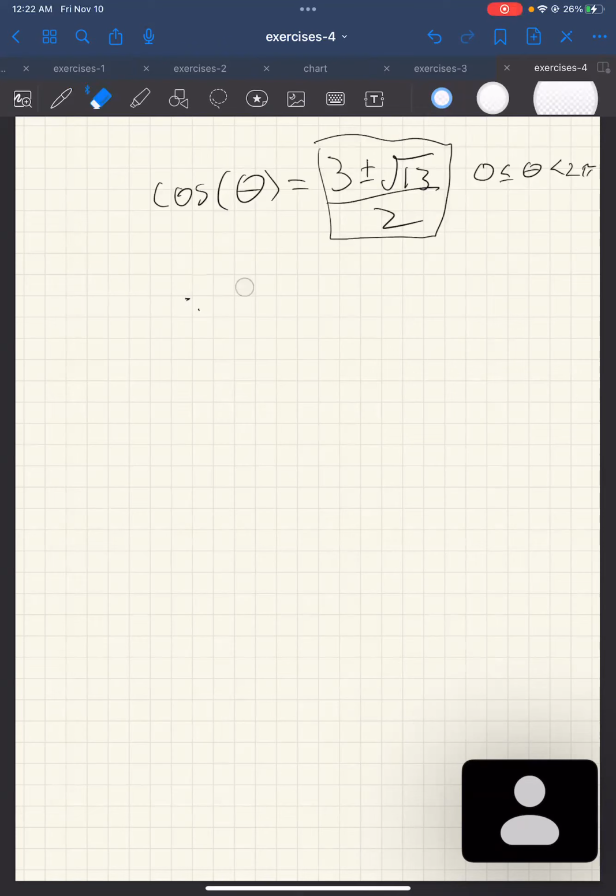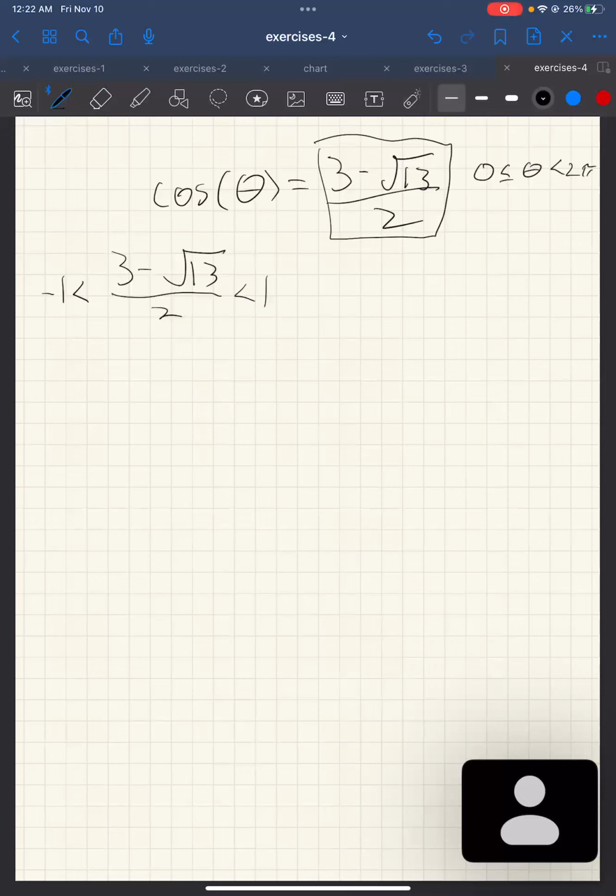However, 3 minus the square root of 13 over 2 is some negative number that is between 1 and negative 1. So this is in the range of cosine. So I'm going to erase the plus minus because we only care about the minus now.